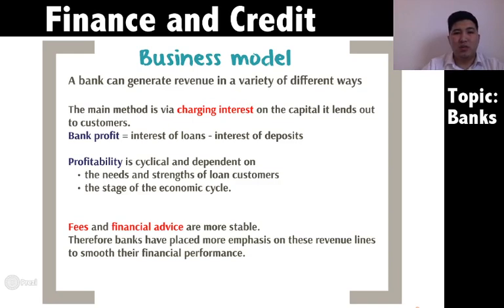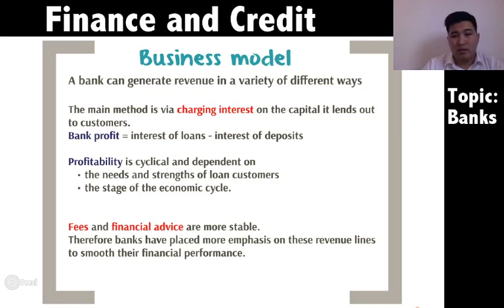The next way of receiving profit is through fees and financial advice. It is more stable than interest, and banks nowadays make more efforts to increase this type of profit.